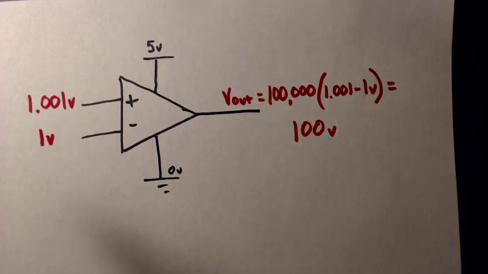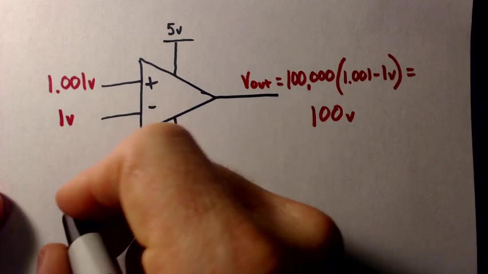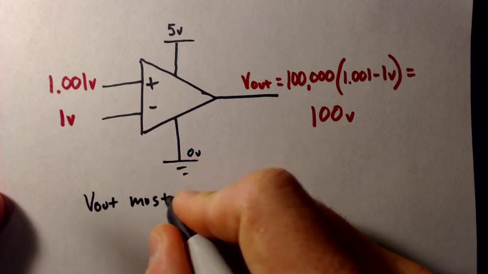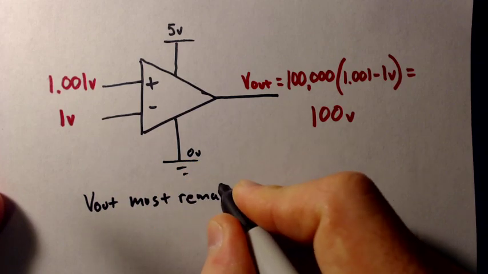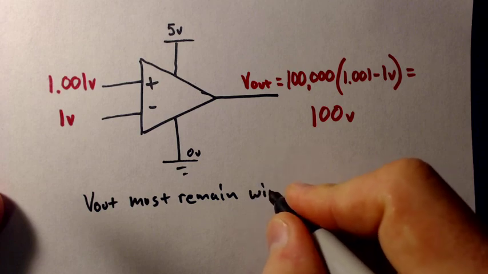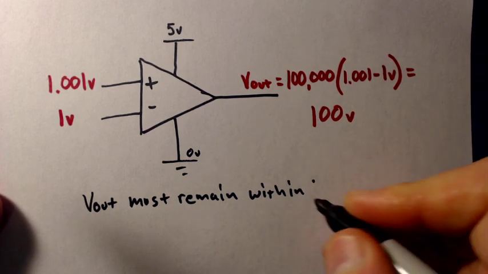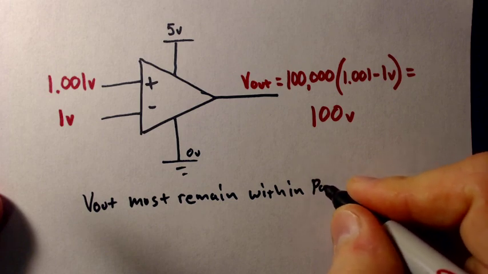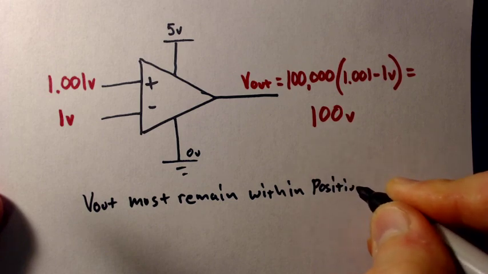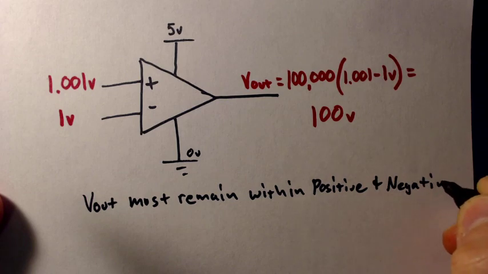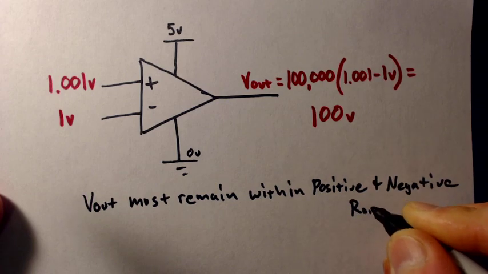So what's going to happen to the output? Let's also say Vout must remain within the positive and negative rails.